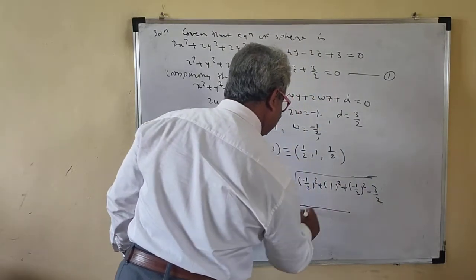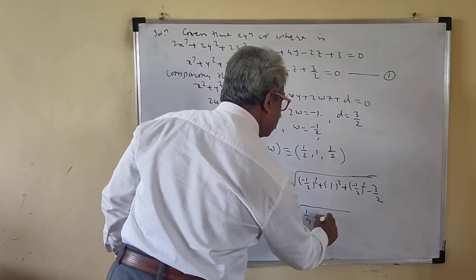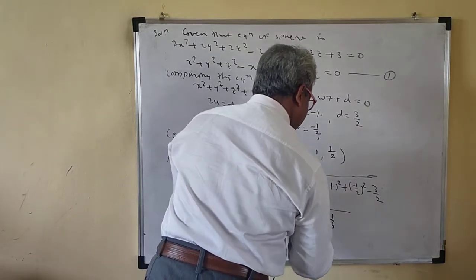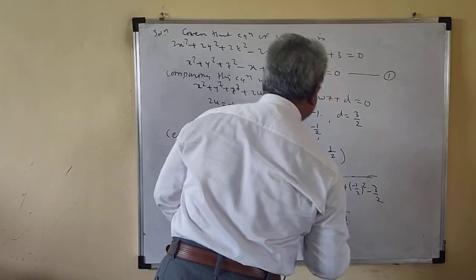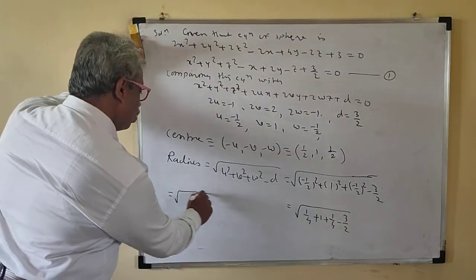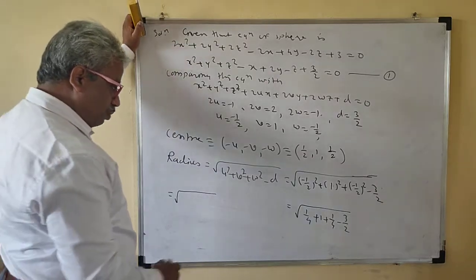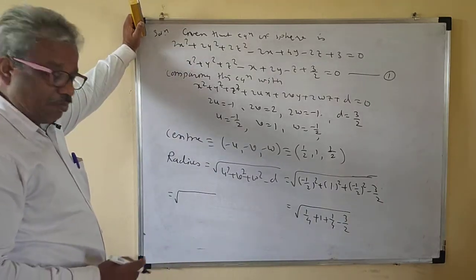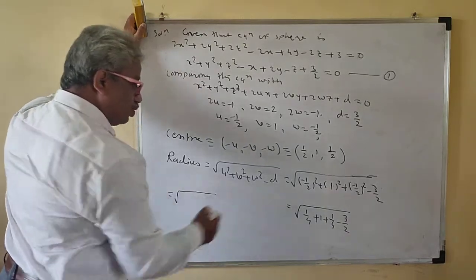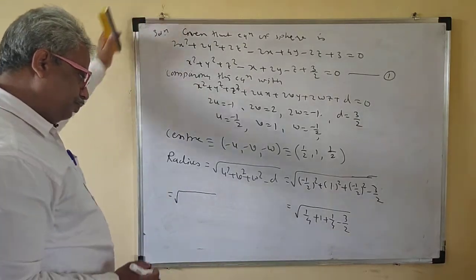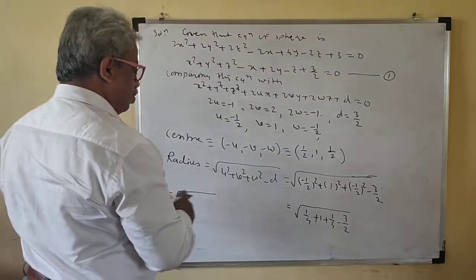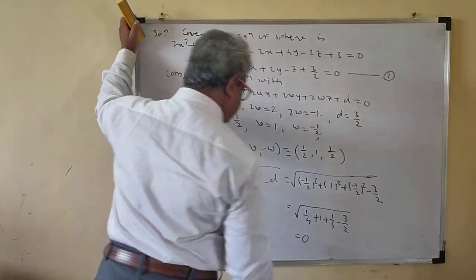So this is 1 by 4 plus 1 by 4 plus 1 minus 3 by 2. 1 by 4 plus 1 by 4 is 2 by 4, which is half. Half plus 1 is 3 by 2. So minus 3 by 2 gives 0.